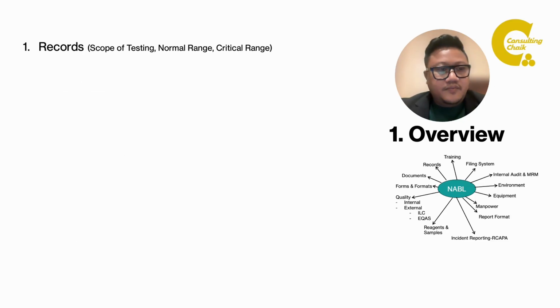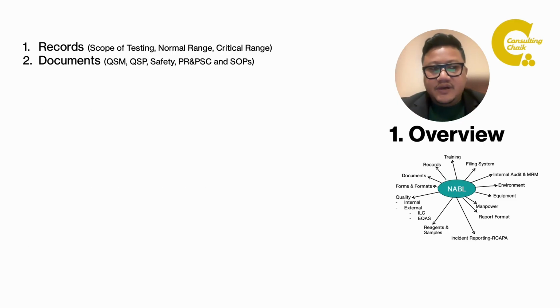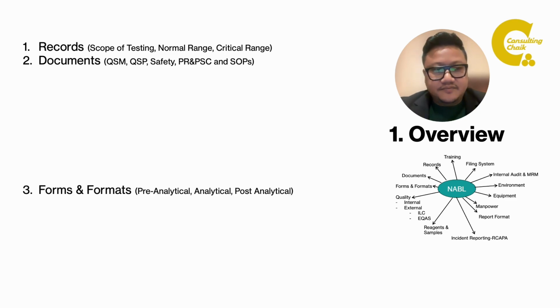First, you need to keep certain records like scope of testing, normal range, critical range. Then you need to have documents like quality system manual, quality system procedure manual, safety manual, and patient registration and patient sample collection manual. And then the SOPs, which shall be made as per the scope of testing.